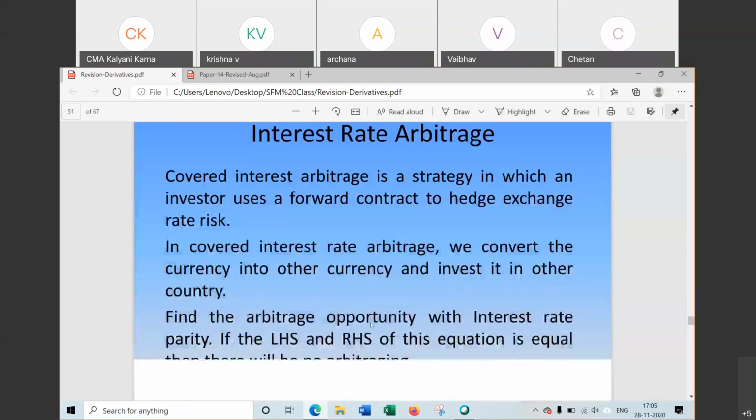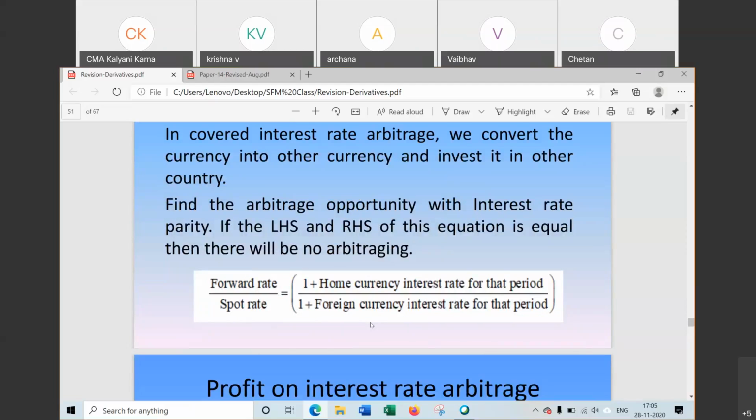Question will be asked to find whether there will be arbitraging or not. The easiest method is to find the left hand side and right hand side. If both are not equal, there will be arbitraging. If these are equal, there will be no arbitraging.